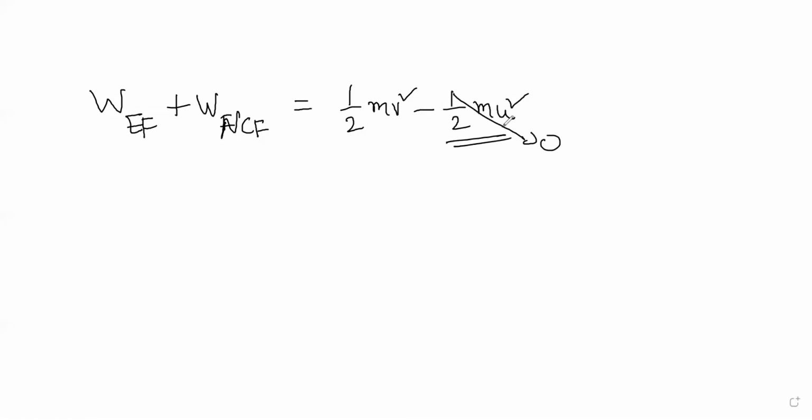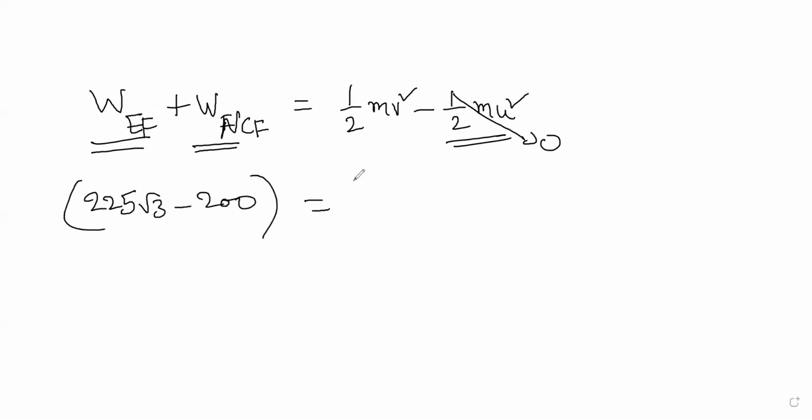He doesn't have any initial kinetic energy. We just calculated the work done. The first one is 225 root 3, the second one is minus 200. That is equal to half into the mass of the person, 75, and then v squared. From this you can calculate v squared.